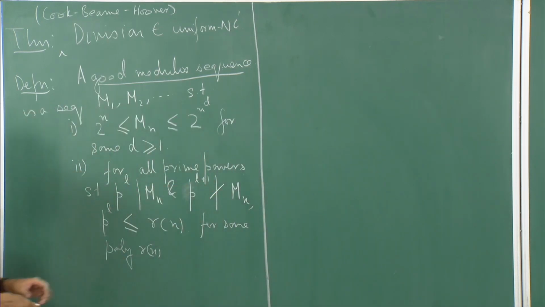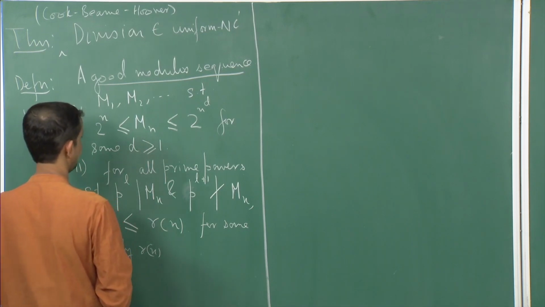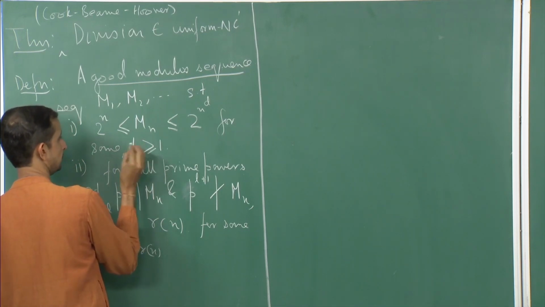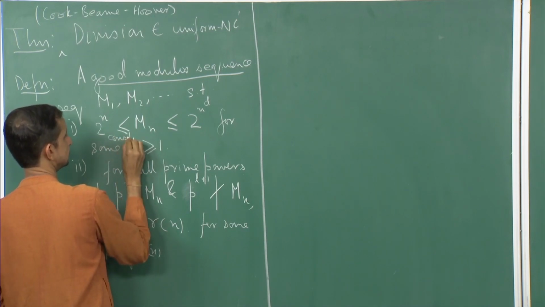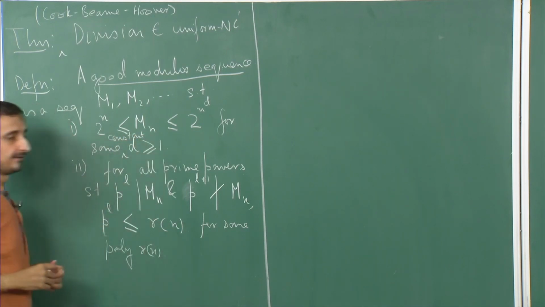So d is a constant, it does not depend on n, it can be any constant. Let me write it over here, some constant d greater than or equal to 1.